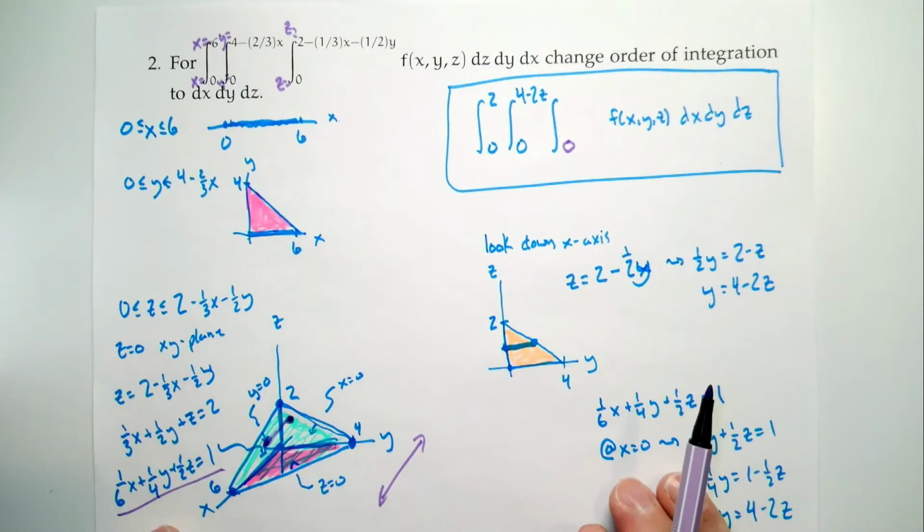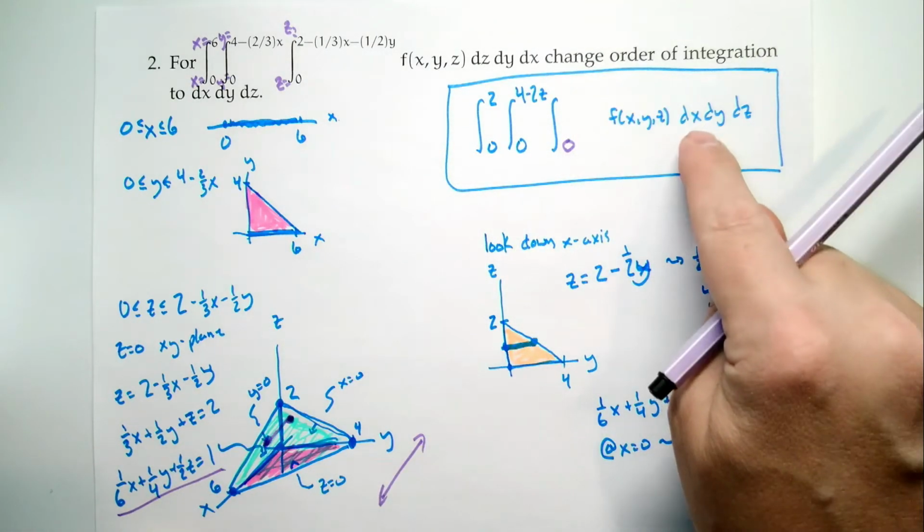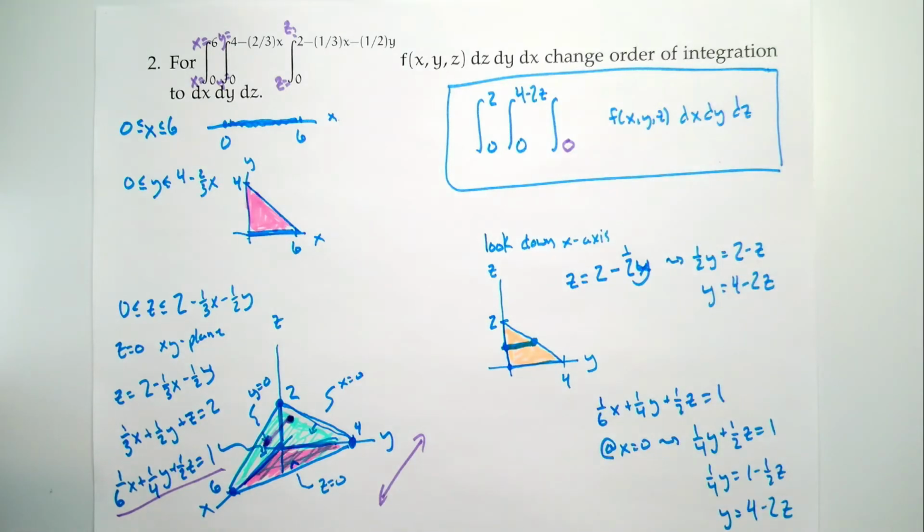Now, how do we write that? Well, we don't put this equation into there because it's an x. We need x equals. So we're going to now solve for x. So we get 1/6x is equal to 1 minus 1/4 y minus 1/2 z.